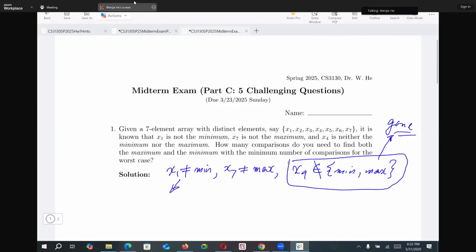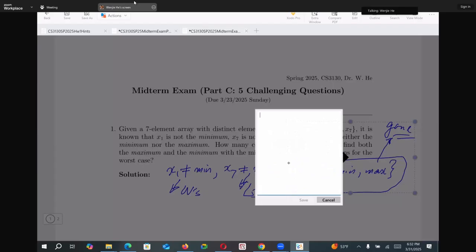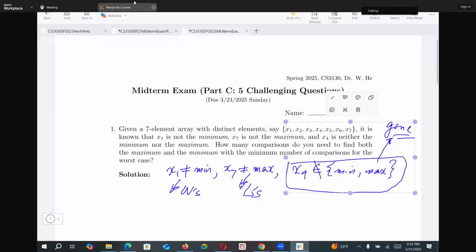It's not the maximum, so it can join the losers group. Sorry, cancel that. X4 is gone.